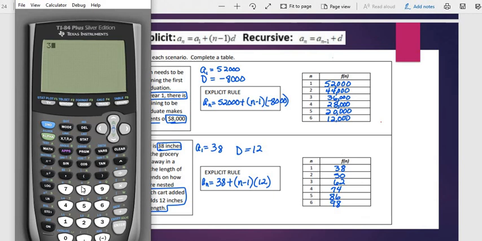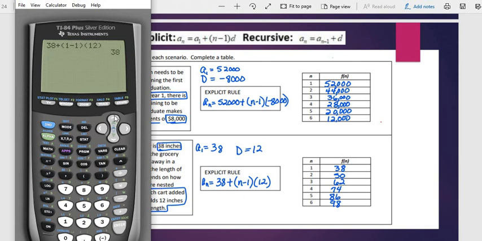I'm going to substitute in 38 plus parentheses, and I want a 1 this time. Oops, let me back up a minute. And yes, it's going to be 1 minus 1, parentheses, and the common difference is 12. And you see that the answer is 38.